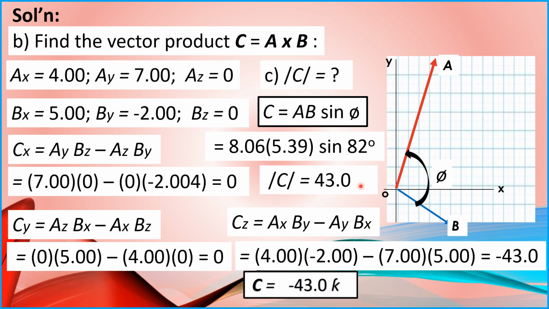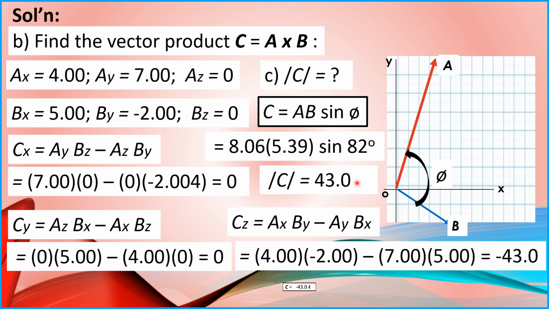Now, how is the direction of this vector product determined? If this is the method you use, using the formula, and you haven't done the component method yet, how will you be able to determine the direction of this vector product? Of course, you use the right-hand rule.